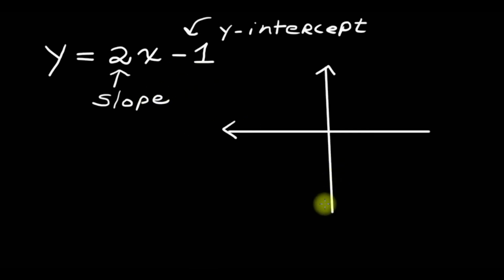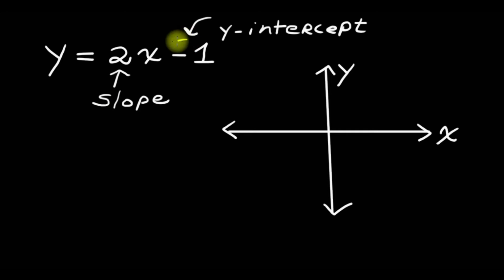Okay, so here's the coordinate plane. This is your x-axis. And this is your y-axis. To begin graphing this, you first need to plot the y-intercept. So the y-intercept is -1.